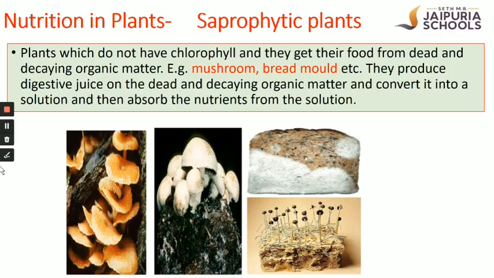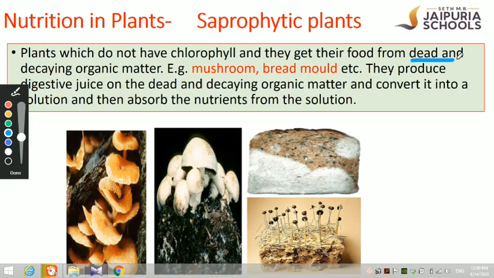They take their food from dead and decaying organic matter. Some examples are mushroom, bread mold, etc. They produce digestive juices on the dead and decaying matter and convert it into a solution and then absorb the nutrients from the solution.